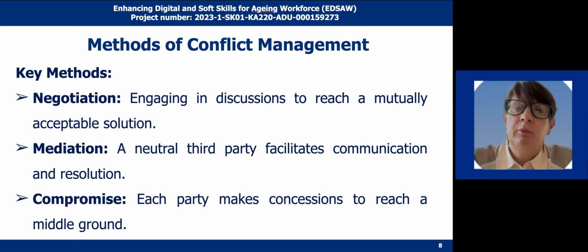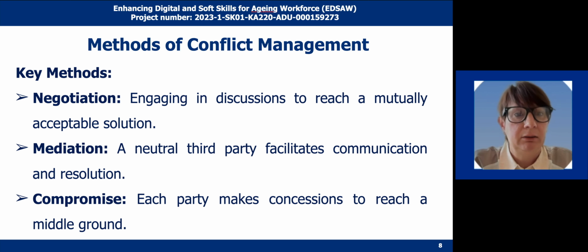Conflicts in the digital environment are inevitable, but they can be effectively managed through structured approaches such as negotiation, mediation, and compromise. For example, if two team members disagree on the direction of a project, they can use a video call to discuss their perspectives and try to find common ground. Mediation, on the other hand, involves a neutral third party who facilitates communication between conflicting parties and helps them reach a resolution.